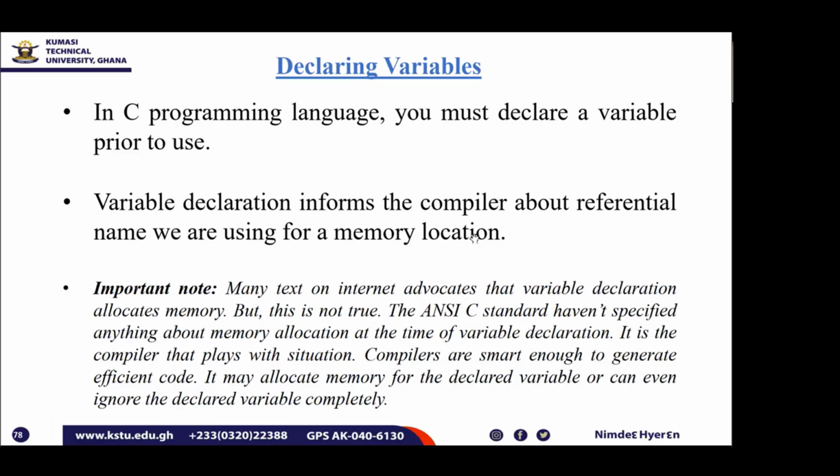Because the variable c was going to be used later on, it had to be declared for future use. Note that variable declaration informs the compiler about the referential name that we are using for a memory location.